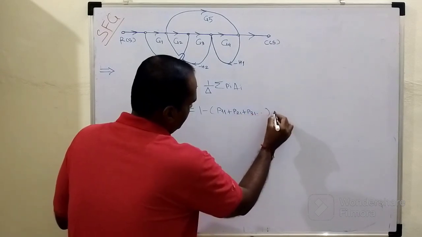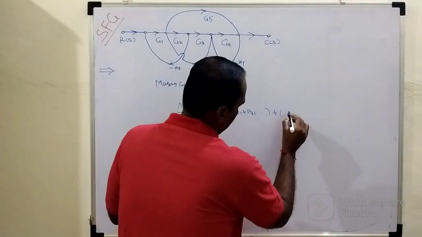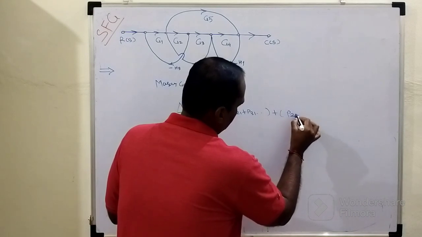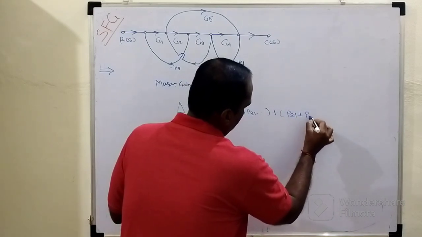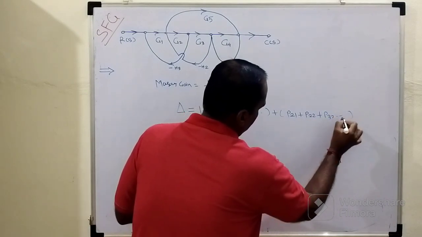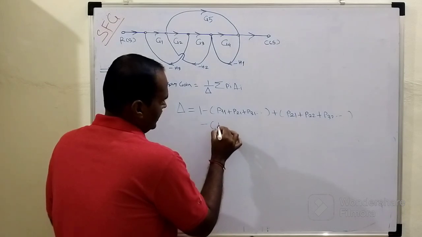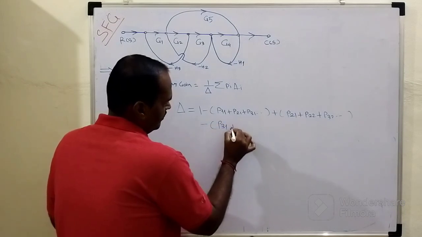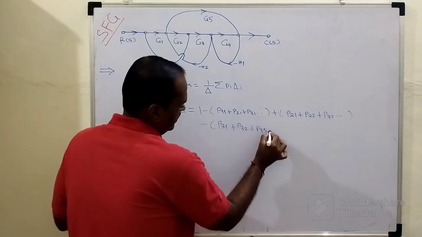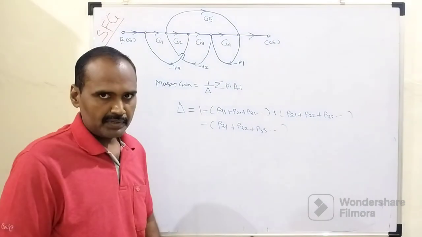Then, along with the addition sign, plus within the second parenthesis the notations are P21 plus P22 plus P32. Within the last parenthesis, along with the negative sign, I will write P31 plus P32 plus P33. A number of terms we can have within that parenthesis.